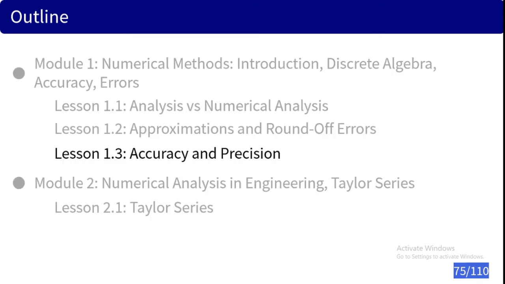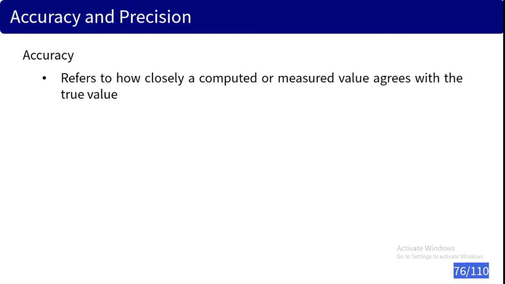Alright? Accuracy and precision. Okay. So usually, accuracy and precision are almost used synonymously.